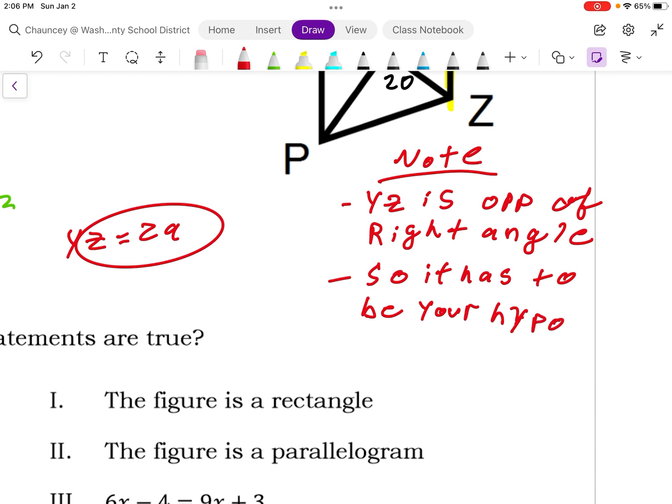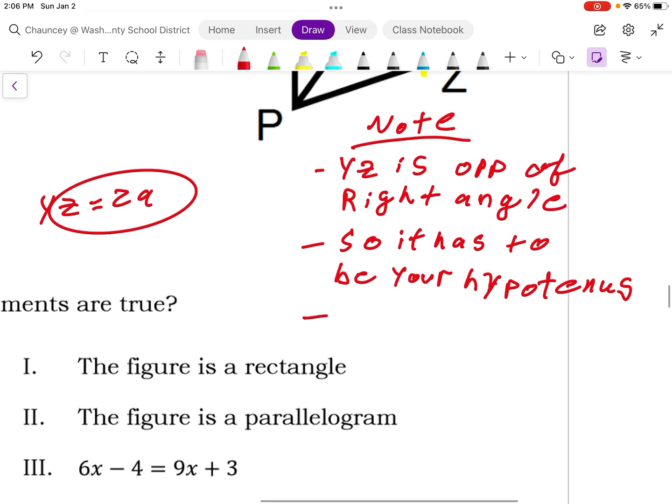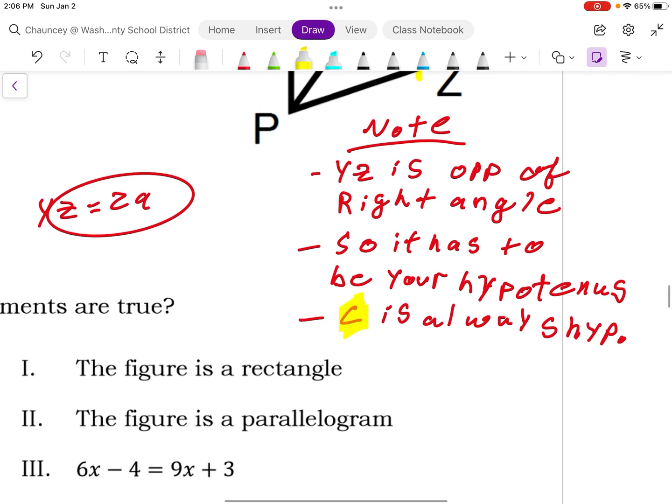Again, sorry for my handwriting. All right, and just remember, c is always your hypotenuse. C is always your hypotenuse.